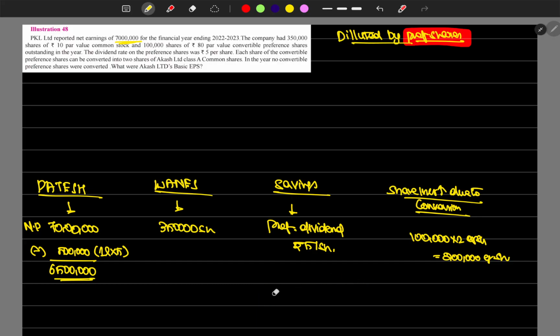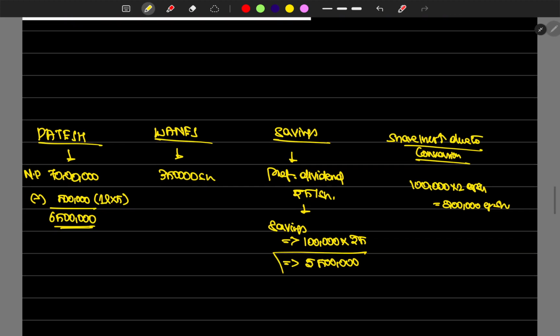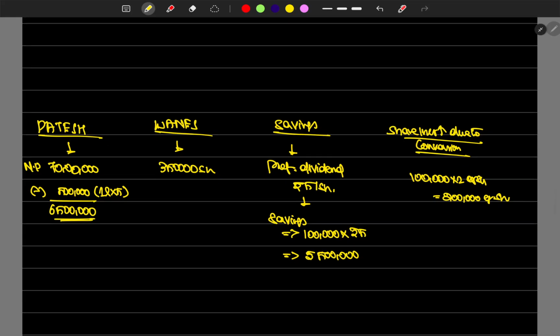Total savings is 1 lakh preference shares into rupees 5, which is 5 lakh, the preference dividend which we are going to save if we are issuing the equity shares for the preference shares. Okay, if you are converting the preference shares into equity shares, we are going to save 5 lakh rupees preference dividend out of this conversion. Okay, and share increase due to conversion is 2 lakh shares.